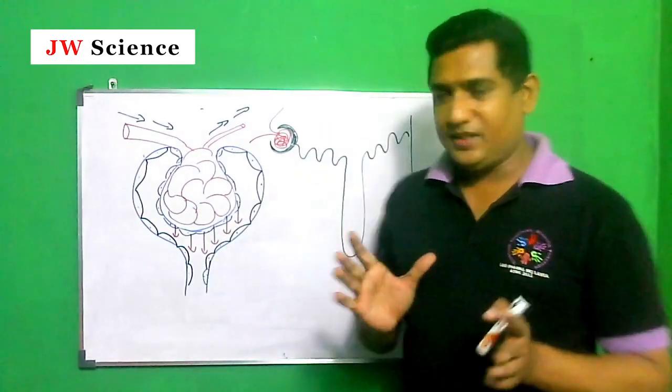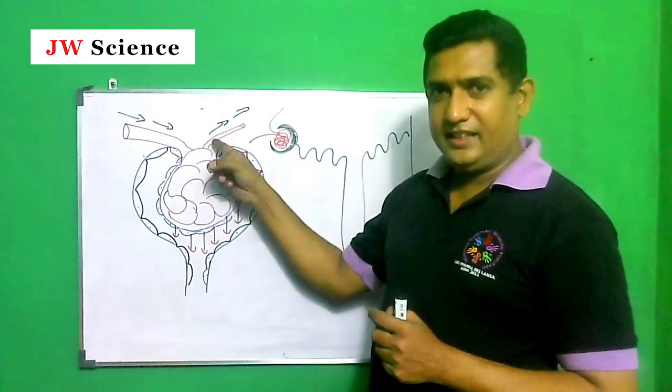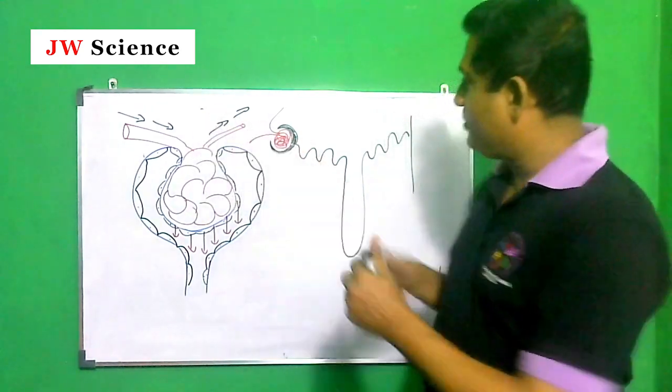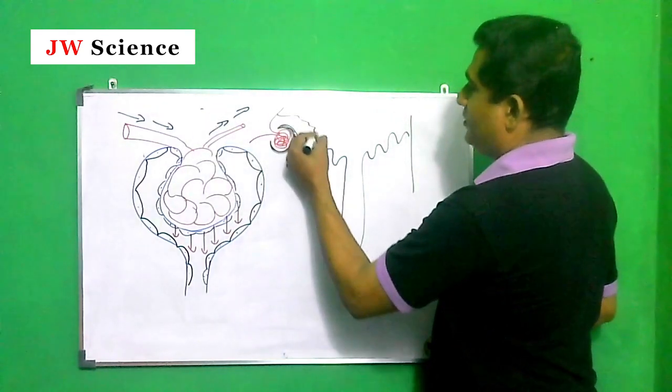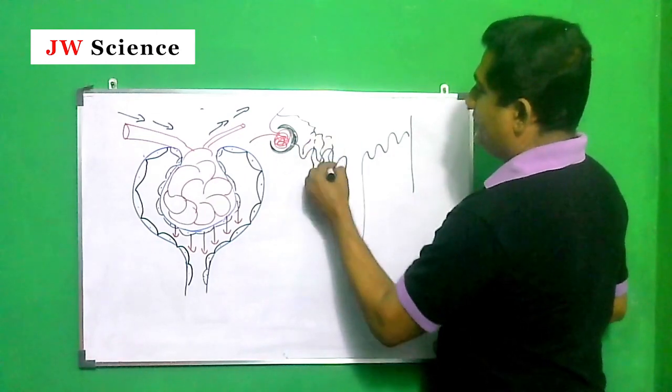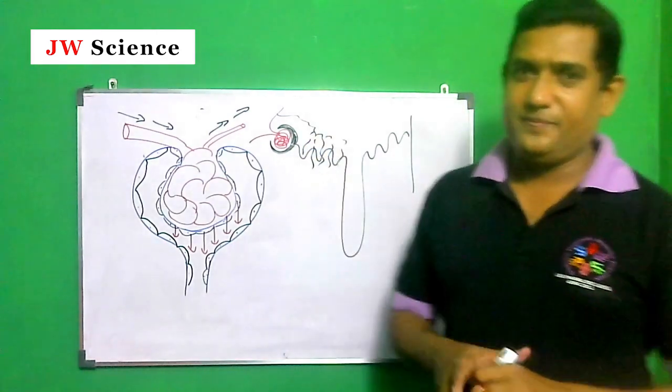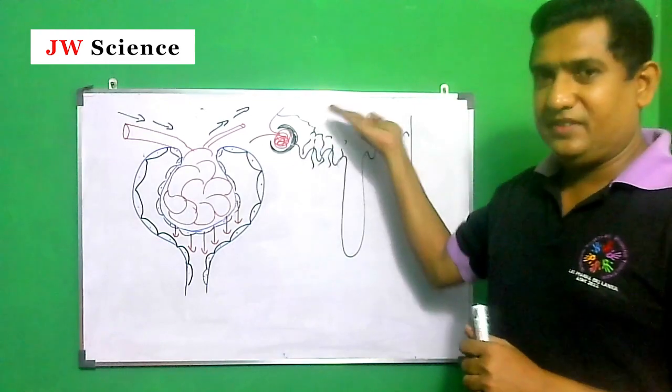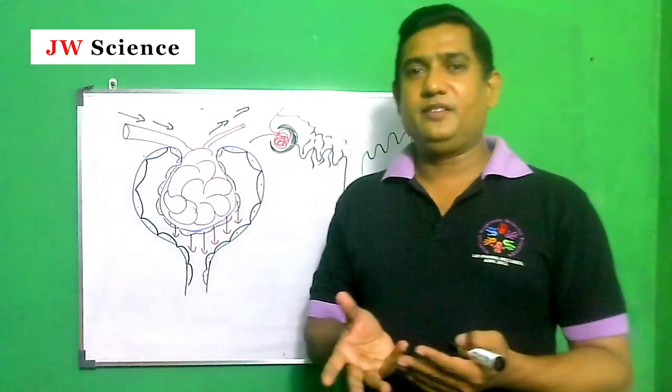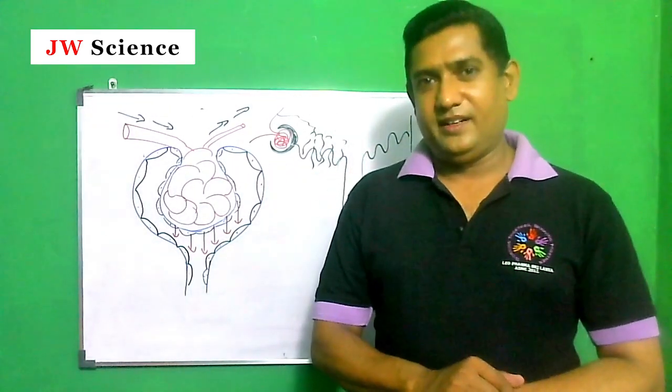So what happens? This efferent arteriole sends its branch to this proximal convoluted tubule to selectively reabsorb some constituents in the glomerular filtrate. Right?